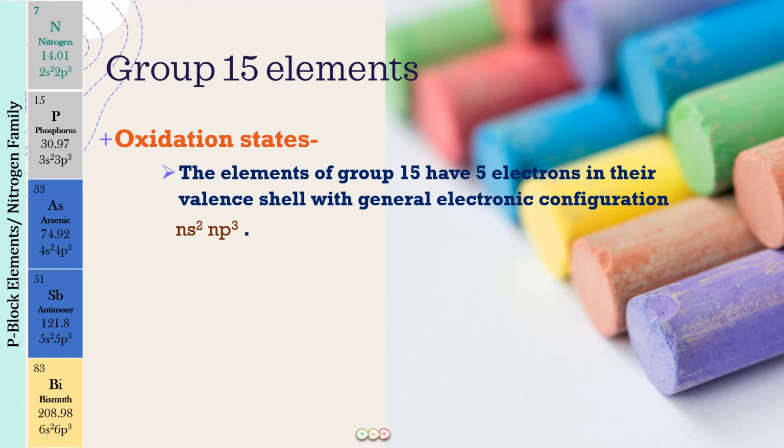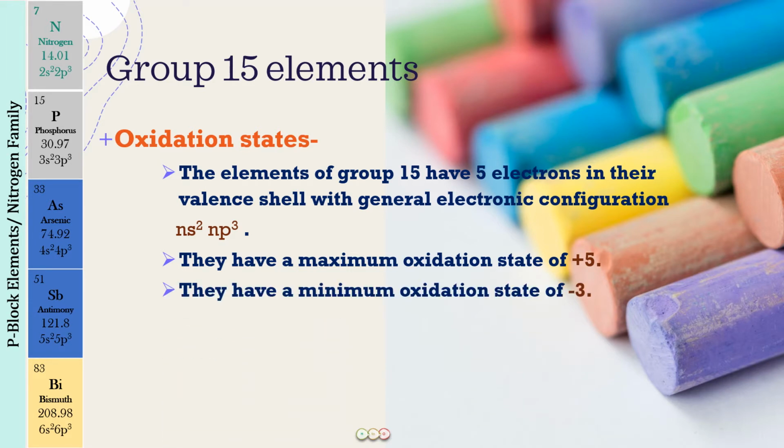They can do that by losing electrons, gaining electrons, or sharing electrons. In accordance with that, they can have a maximum oxidation state of +5 by losing all 5 valence electrons, and a minimum oxidation state of -3 by gaining 3 electrons to attain the nearest noble gas configuration.